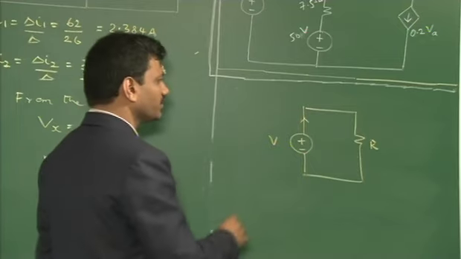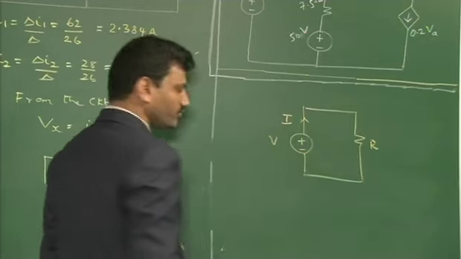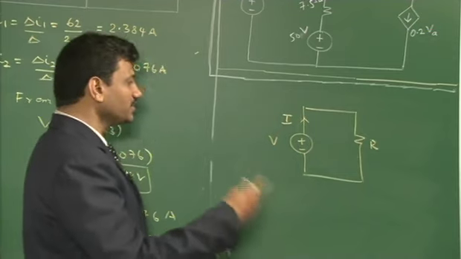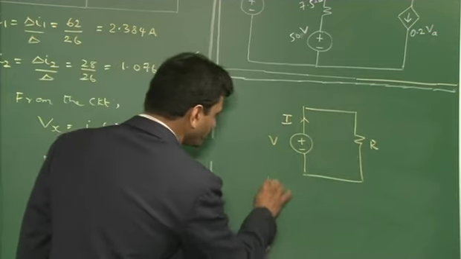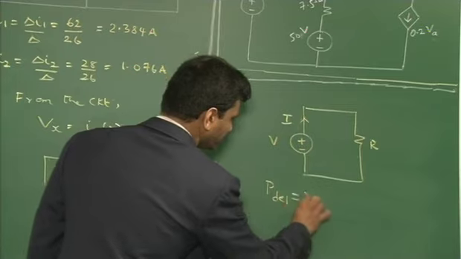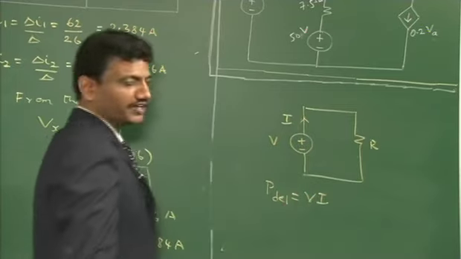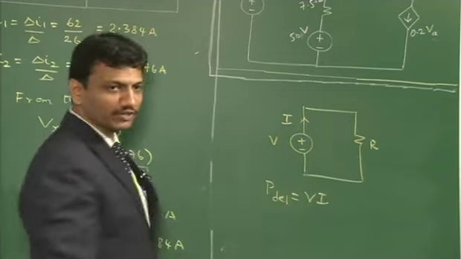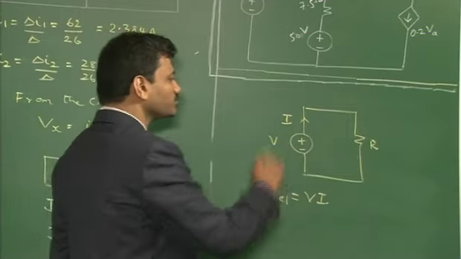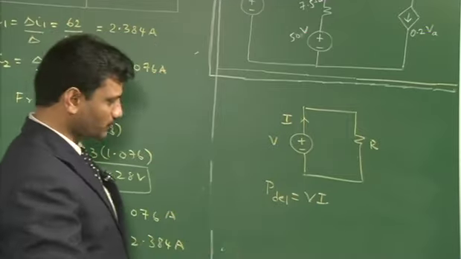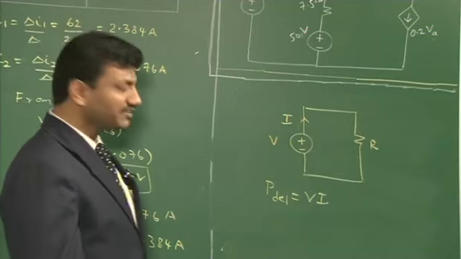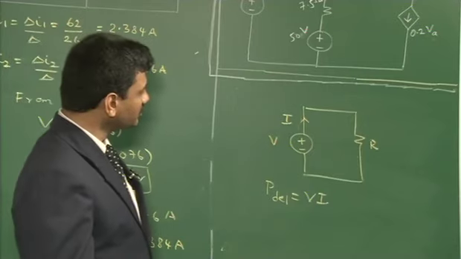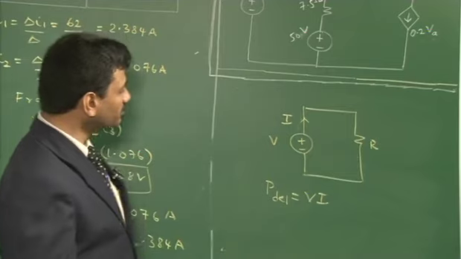Let us say this current is I. How do we find the power delivered value? P delivered is equal to VI: the voltage source value multiplied by the current that comes out of the positive polarity of the source. Now you may ask, can there be a case wherein the power is being absorbed by the voltage source?